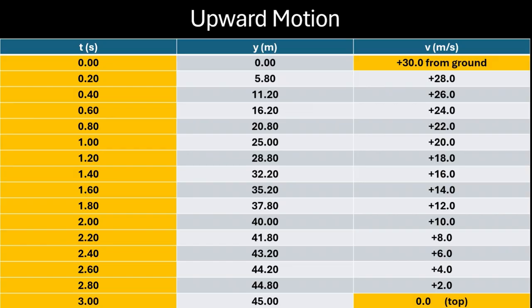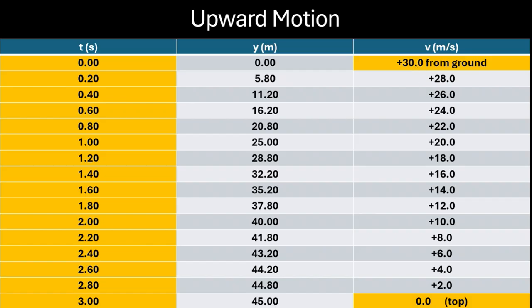Okay. So say, for example, this is what we have. Time dt: 0.20, 0.40, 0.60. The time interval between these instances is 0.20, which is dt. Then the corresponding displacement y in meters, and the corresponding velocity.